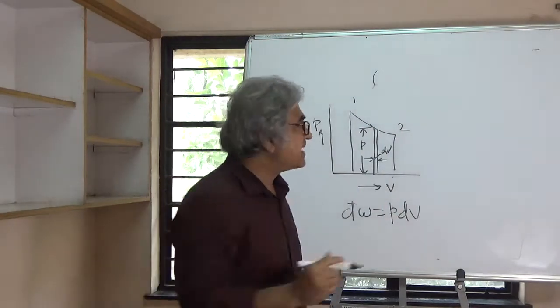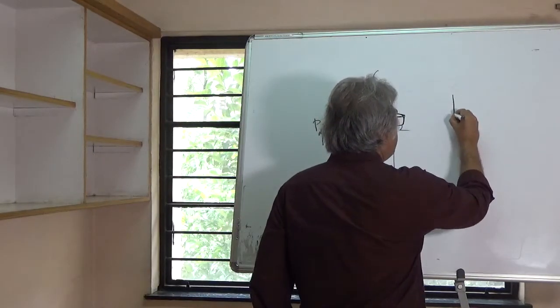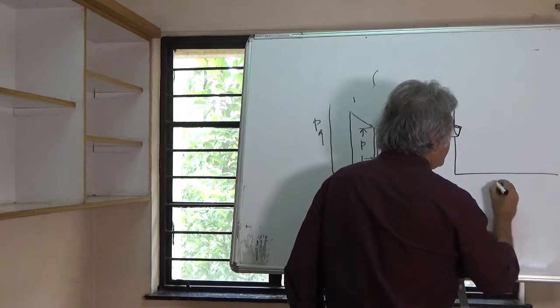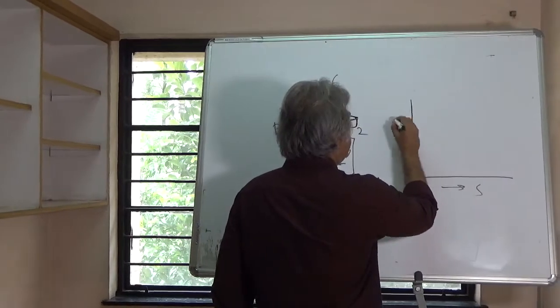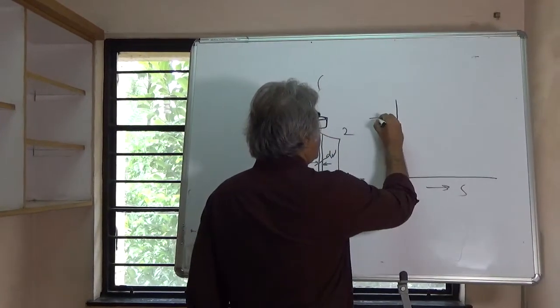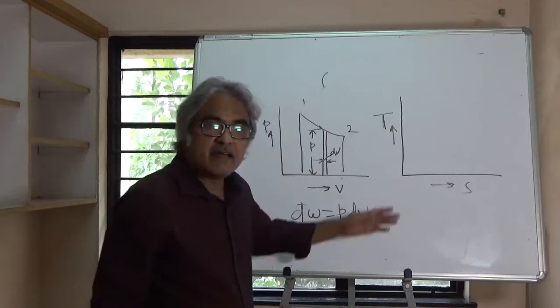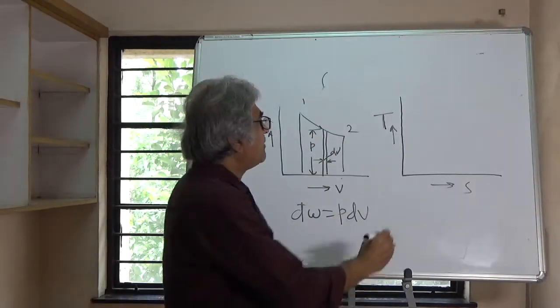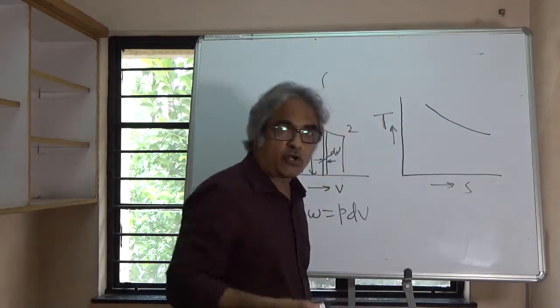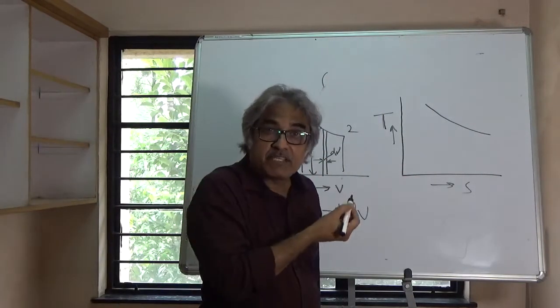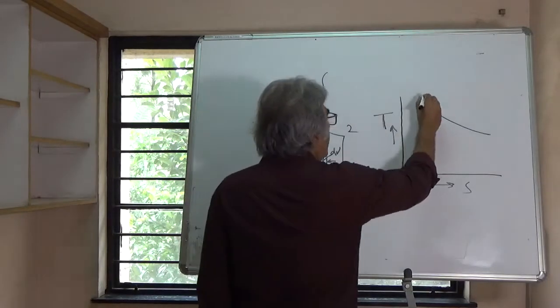Now similarly we can show any process on a TS plane. So this is, let's say, S along x-axis, T temperature, in Kelvin, along y-axis, and if you represent any process, we are not telling which specific process. Okay, so this is 1 to 2.